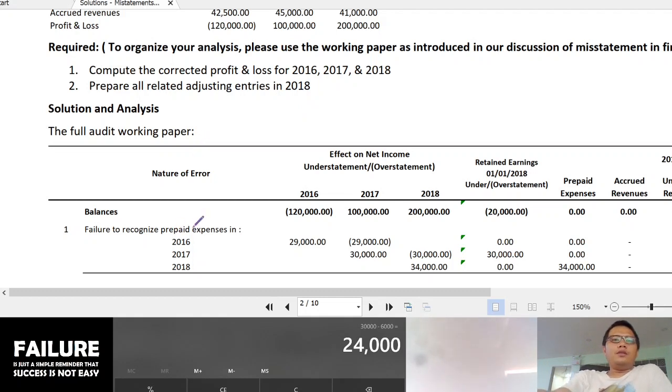The entity failed to recognize prepaid expenses in 2016, 2017, and in 2018, amounting to 29,000, 30,000, and 34,000 respectively. Diba? So, what is the effect of this error now?